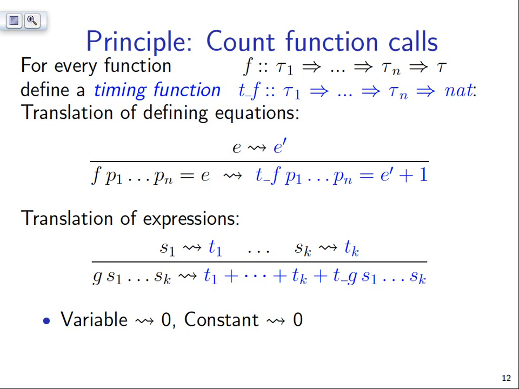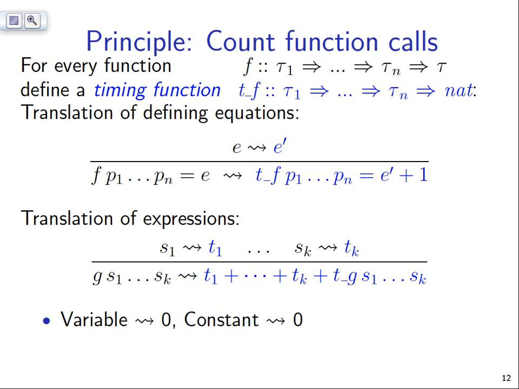If you have just a single variable, we translate it to 0. We assume that accessing a variable takes no time. You could also translate it to 1, then everything just becomes, the constants become a little bigger. But for the same reason, for simplicity, we assume that the time it takes to evaluate a constant is also negligible.